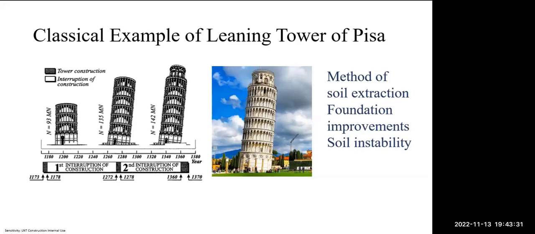To make the tilted tower a tourist attraction, how to balance that tilt is where ground improvement techniques come into the picture. The method of soil extraction, foundation improvement, and soil instability are also taken care of in this classical case.